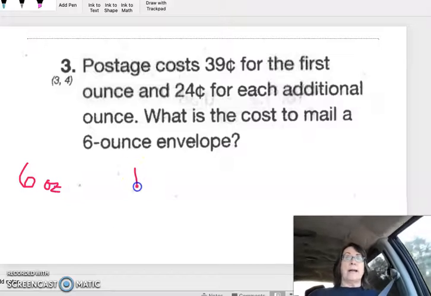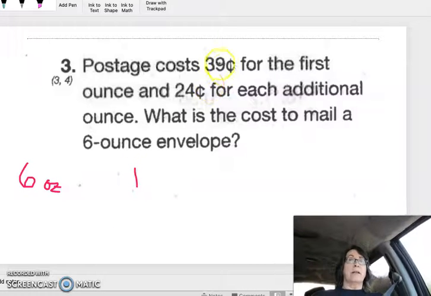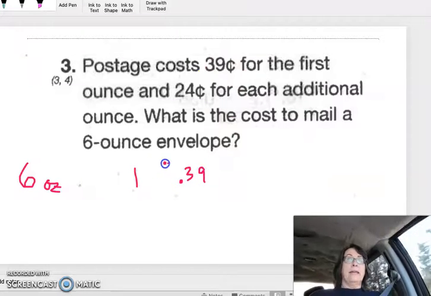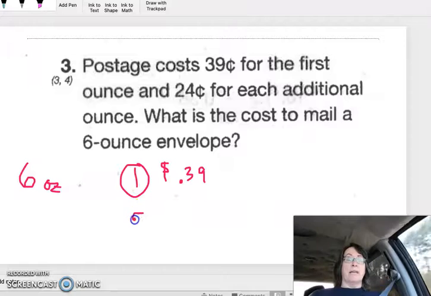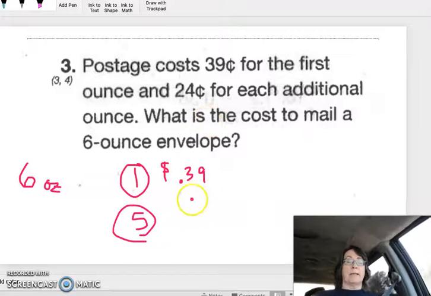So the first ounce is 39 cents, so we'll put 39 cents. And the rest of them will be at 24 cents. Well, if we've already used up 1 out of 6, then there are 5 left that are going to be at the 24-cent rate.